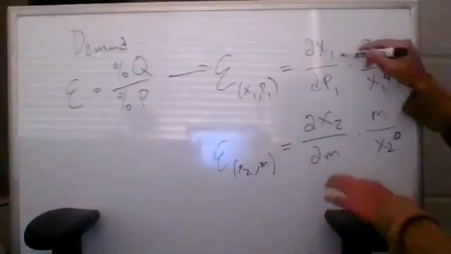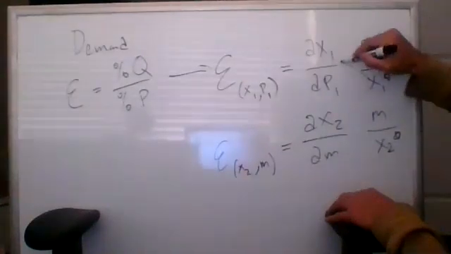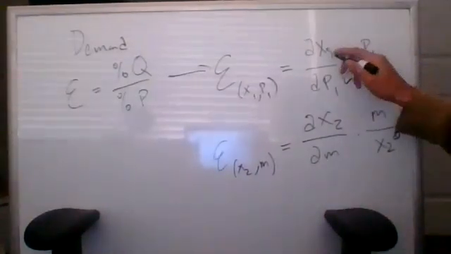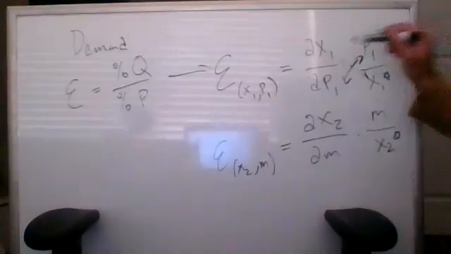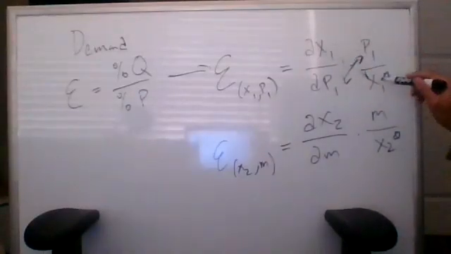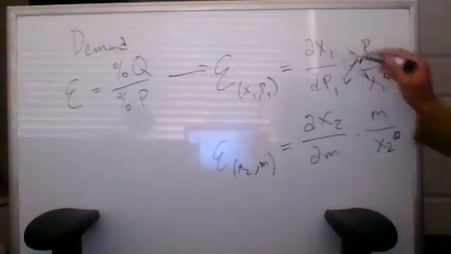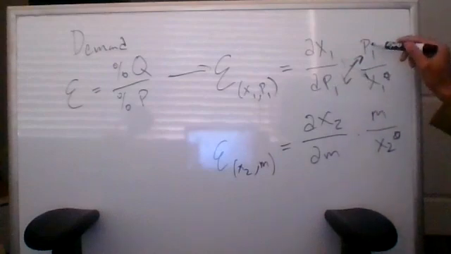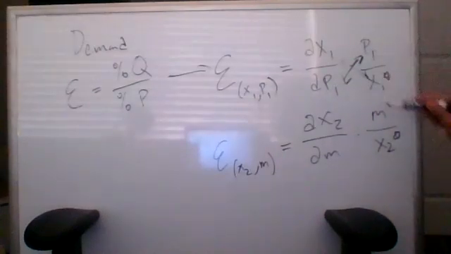There's always going to be this cross interaction, where you'll have the derivative of the demand function that you're looking for, and this will be the demand function for that good. And this will be what you're taking it with respect to, and that's what the numerator of the second term is going to be.